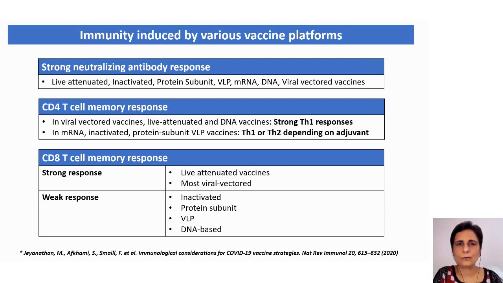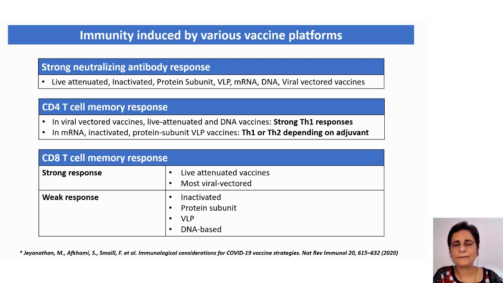And this is really good news for the development of vaccines. Where T cell memory responses are being measured in viral vectored vaccines, in live attenuated vaccines, and in DNA vaccines, we would expect to see a strong Th1 polarization, and this is what we would like to generate.